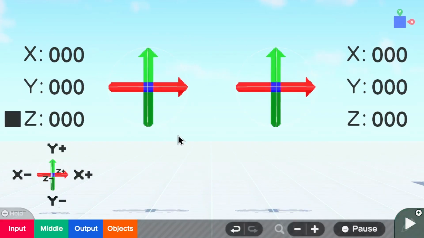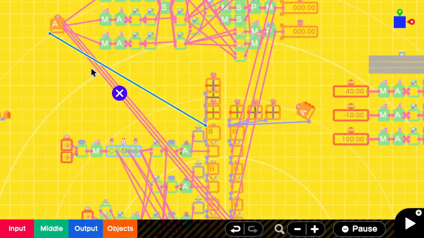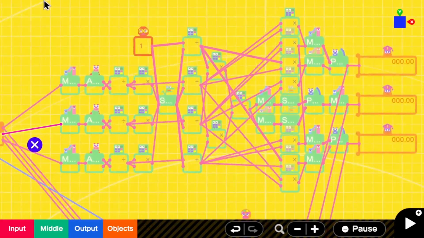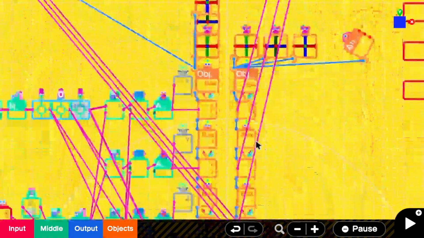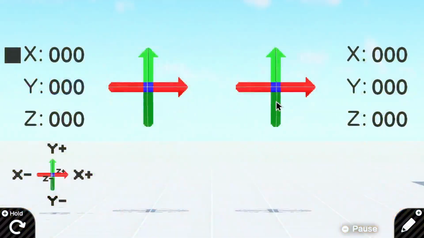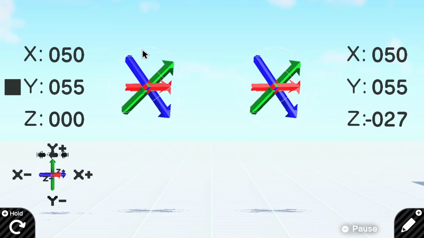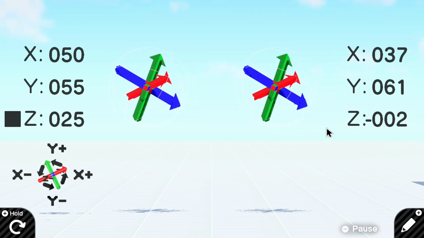Then I connected an angle sensor to that object, sent the angle sensor outputs through this calculator, and used the outputs of the calculator to control this second object on the right. Basically, this is trying to recreate the Euler angles we would need to recreate the same orientation as the original object.